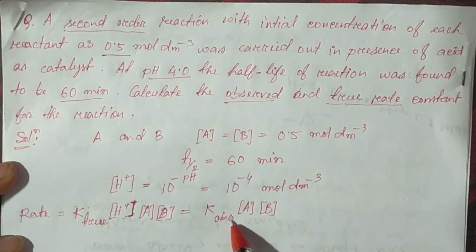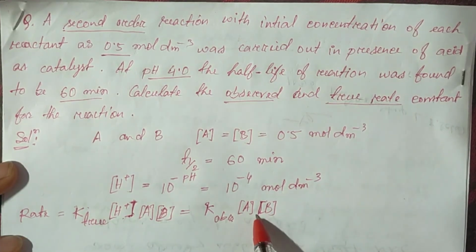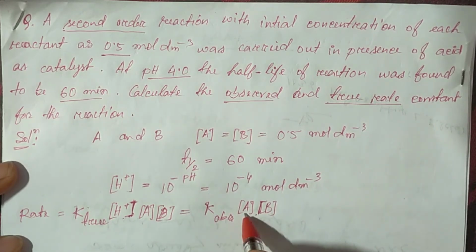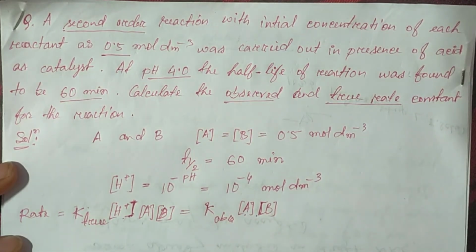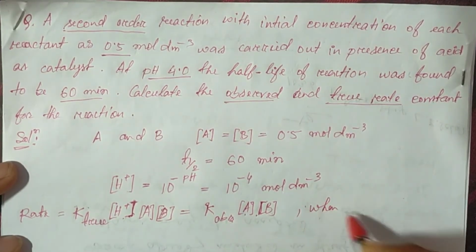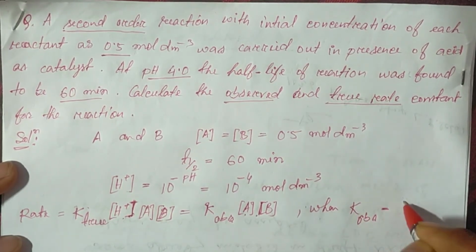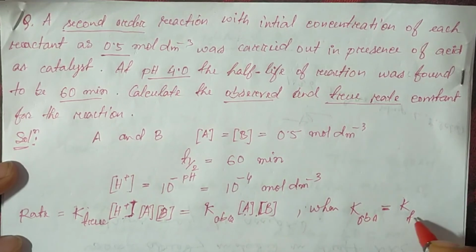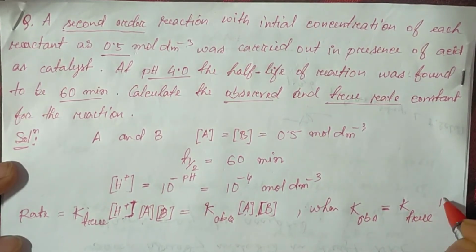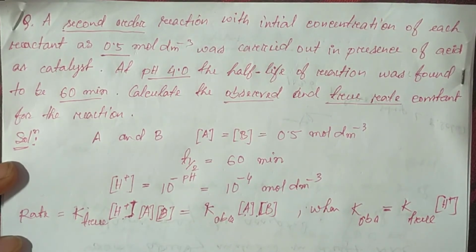But in case of observed rate constant, the rate doesn't depend upon the acid, or it is not written here. Okay, so it is K observed. So this is the general equation: K observed is equal to K true into H, or concentration of acid.